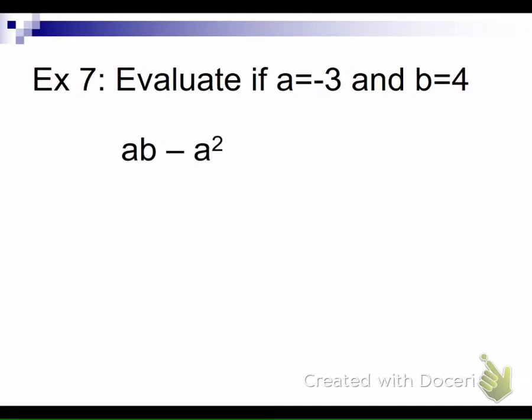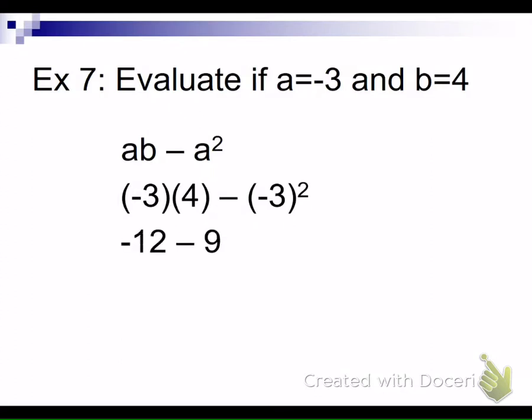All right, what do you want to do first? Good. Take the A's out, put a negative 3 in. Take the B's out, put a 4 in. All right, what should I do next? The exponents. Good.